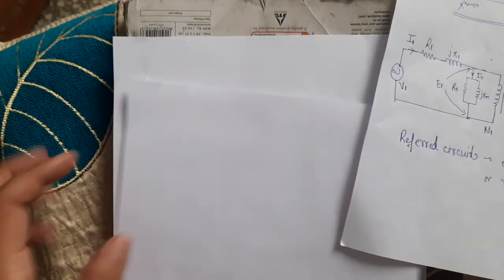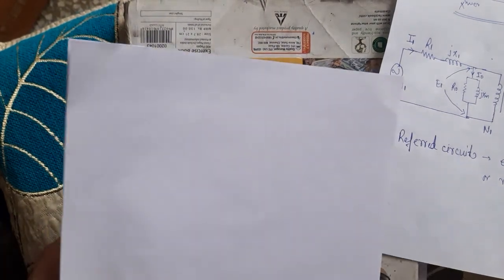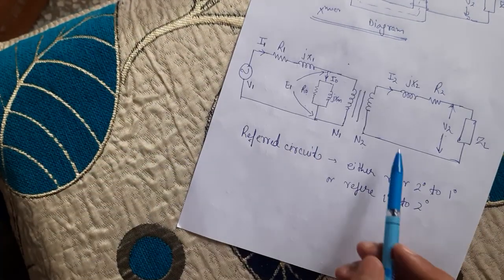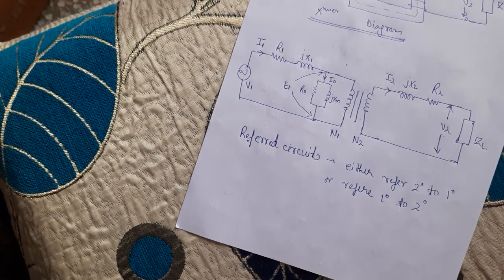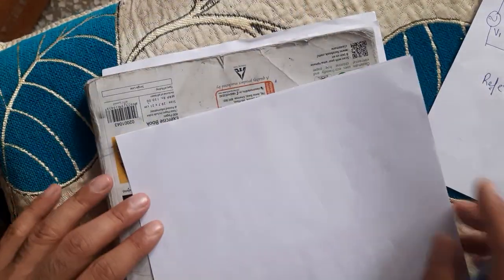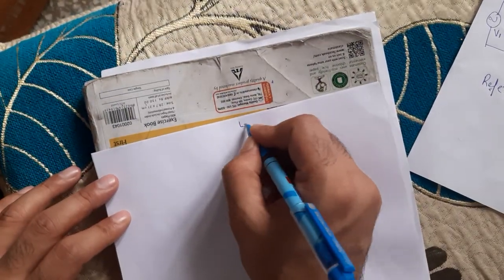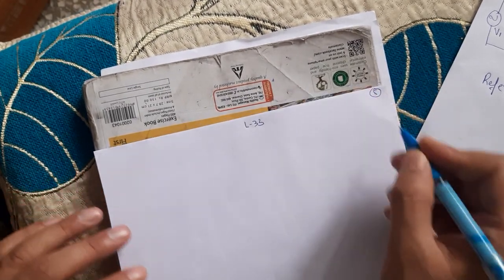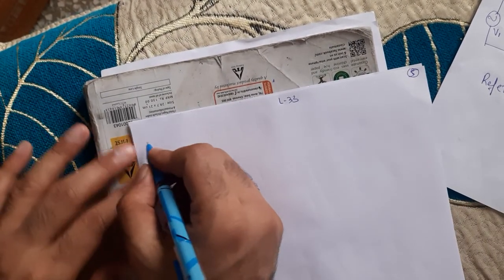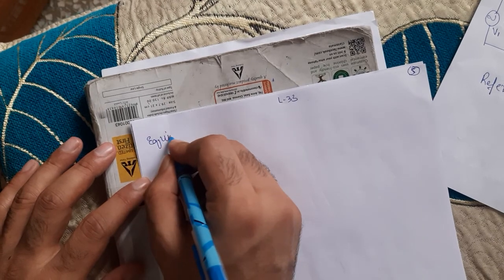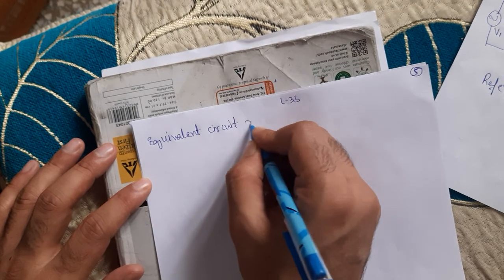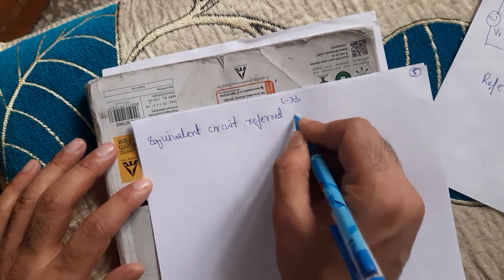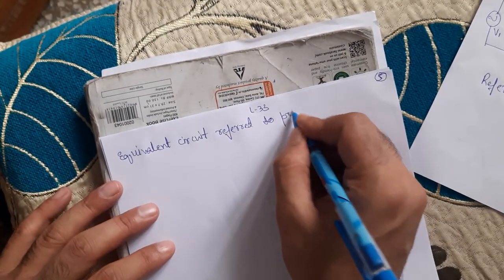So now I will draw the equivalent circuit. When we refer secondary to primary or primary to secondary, they are called referred equivalent circuits. First let me draw the equivalent circuit referred to primary.